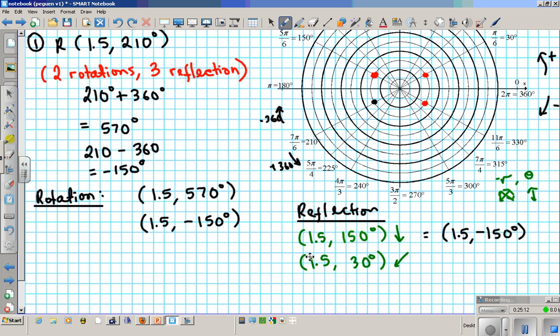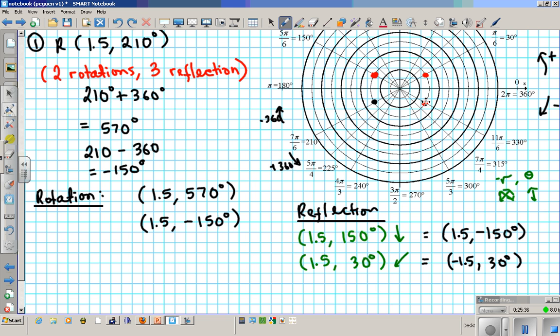If I simply negate this radius, it's going to take me from here, boom, all the way here. So the next name for this point is simply going to be negative 1.5, negating just the radius and keeping the angle the same, 30 degrees. That's the third one.